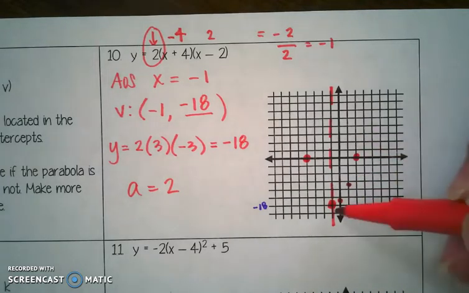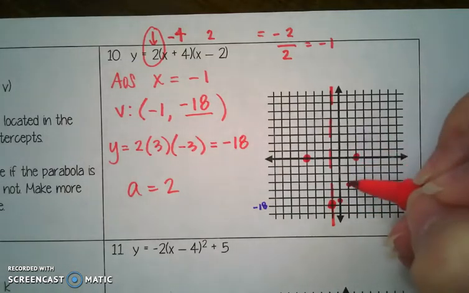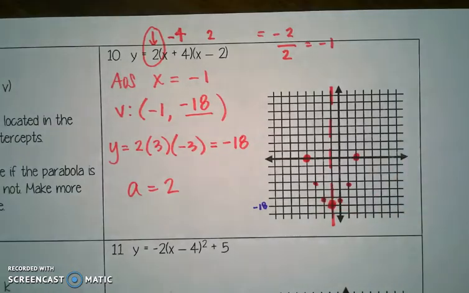All right. Normally we'd go over 3 and up 9, but we need to go twice as tall, which, wow, imagine that, is 18. So it lands perfectly right there. And then we can use our axis of symmetry to get the other side. If we wanted to, we could keep going. If we went over 4, we would go up 16 normally, but that means we'd have to go up 32.